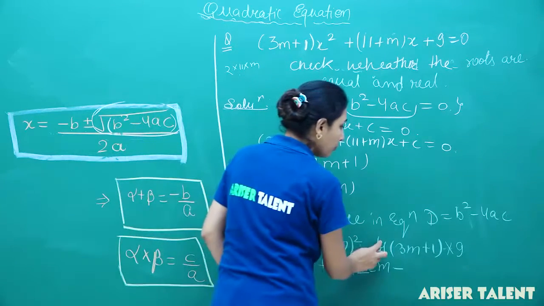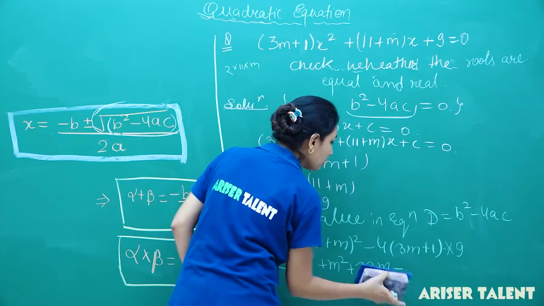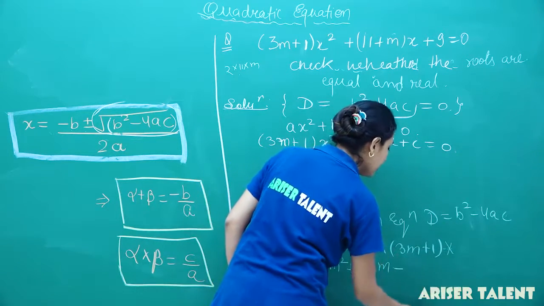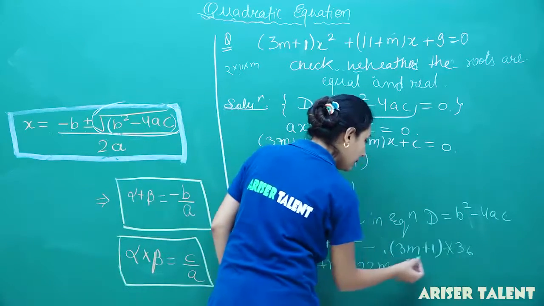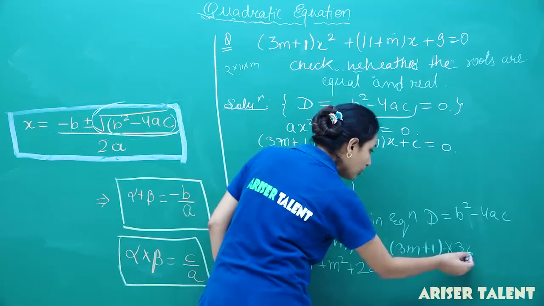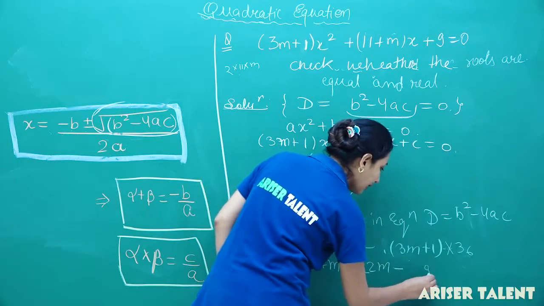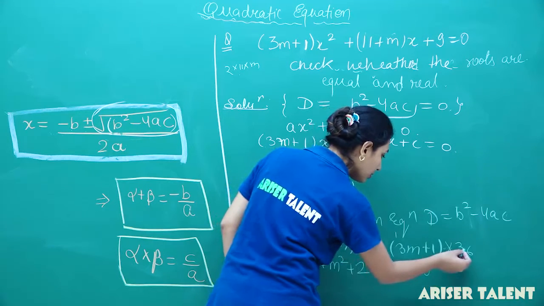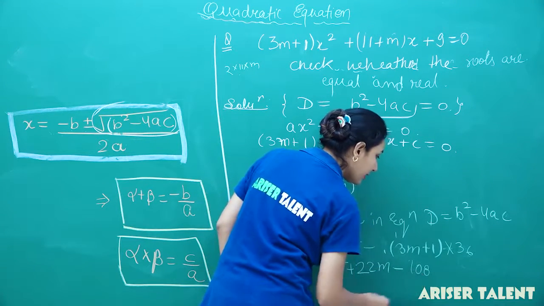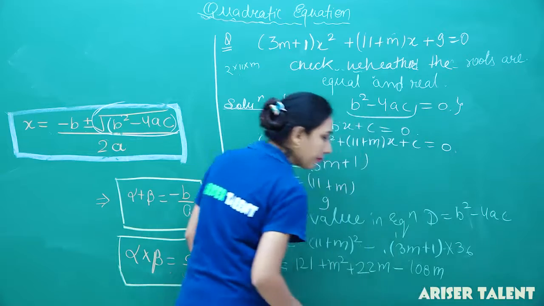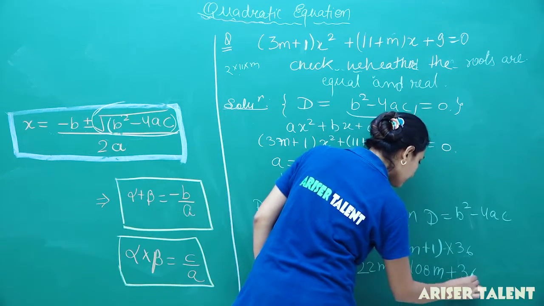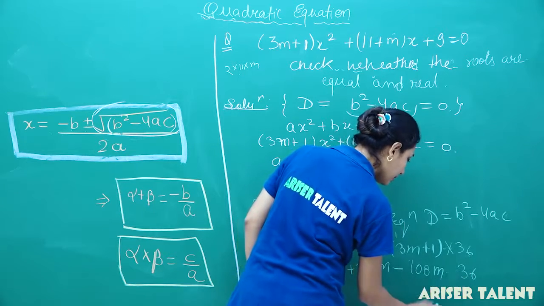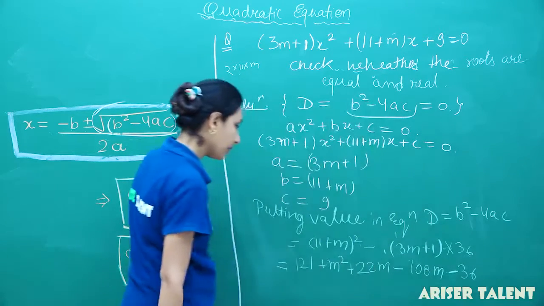Now, 4 multiplied by 9 is what? 36. Now, when I multiply these, the value will become 108m. Now, this will become minus 36. Right, students?